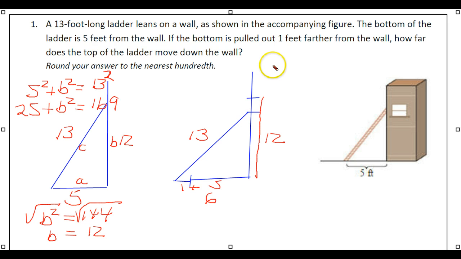Okay, so again, same formula. A squared plus B squared equals C squared. Now A squared is now 6 squared, which is 36, plus B squared equals still 169, which is 13 squared.